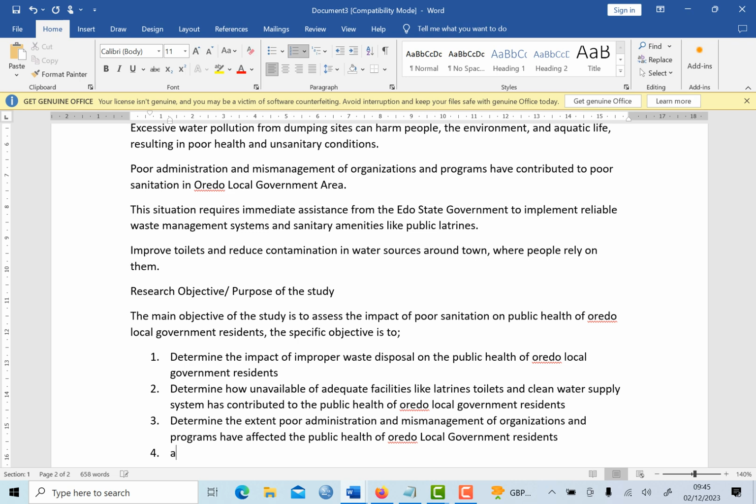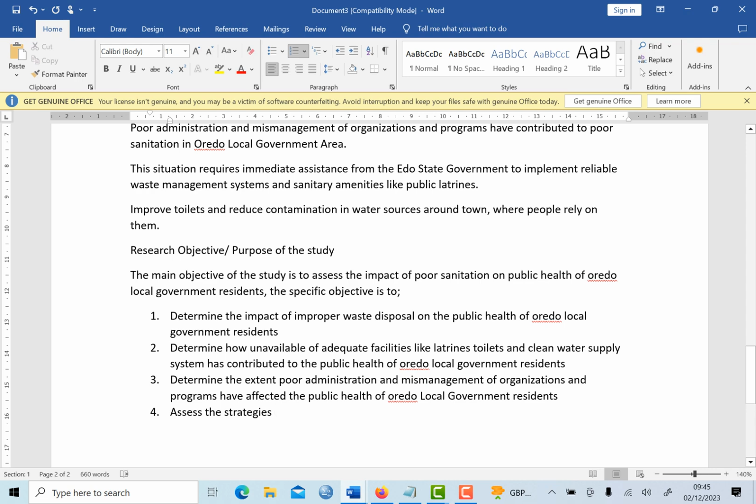You can assess the strategies used to improve public health of Oredo local government residents.